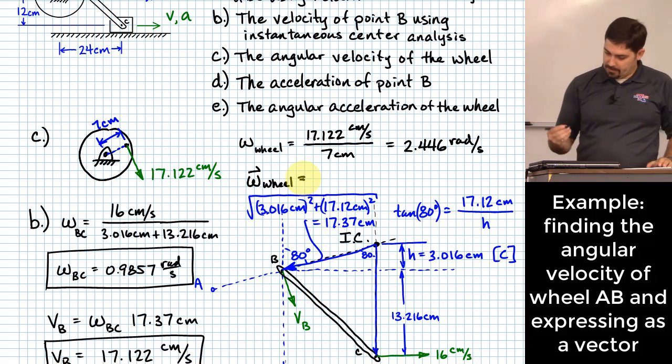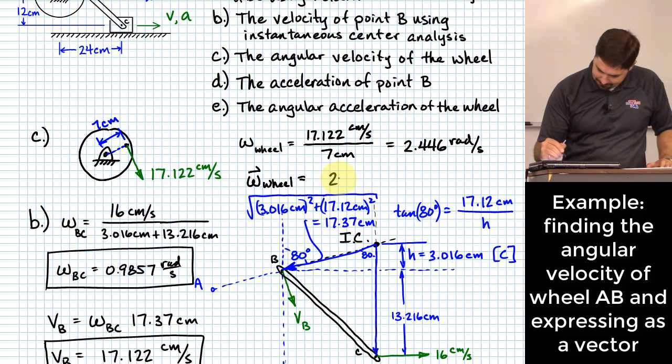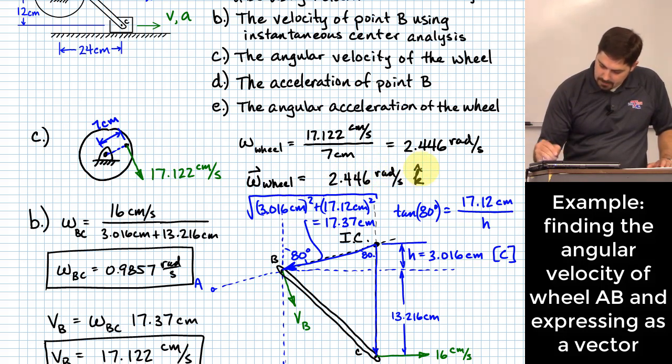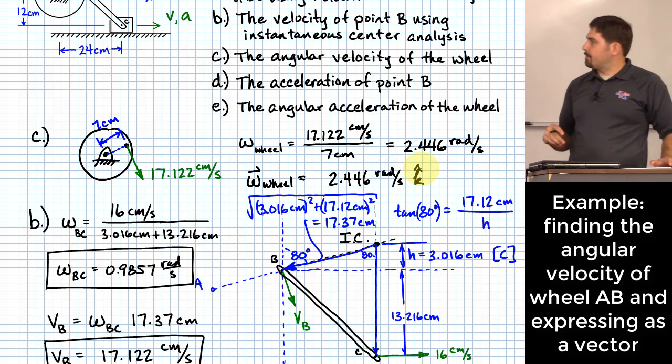So this is going to be in the k as far as the unit vector that we multiply it by. But do I do positive or negative? All right.